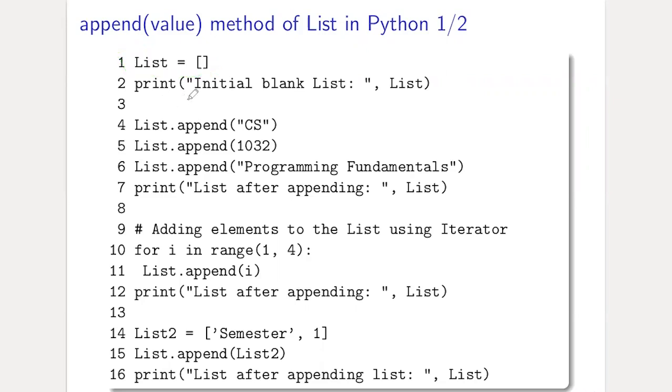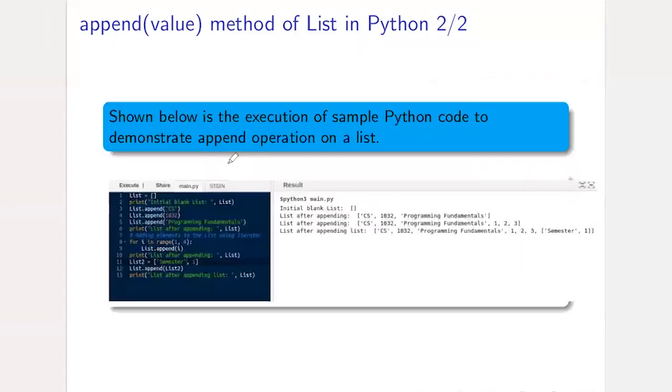When I append a value to that list, that would become the first value, okay? And when I append again, that becomes the second value, and so on and so forth. So values would keep getting appended as the last item, okay? So this is the outcome, a list with 3 elements.